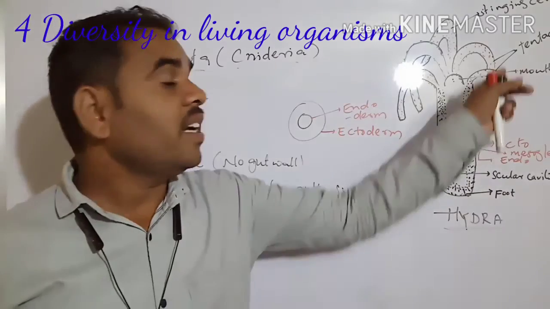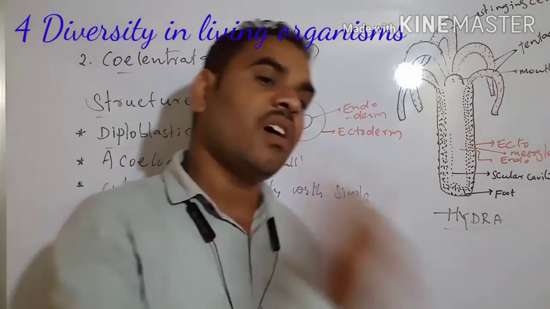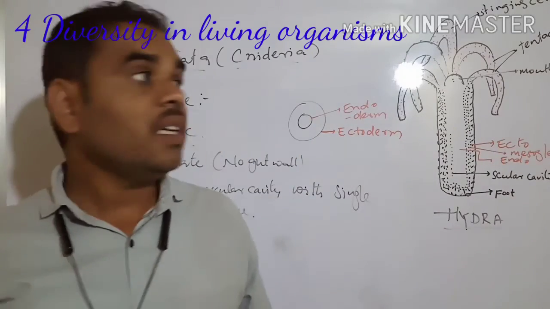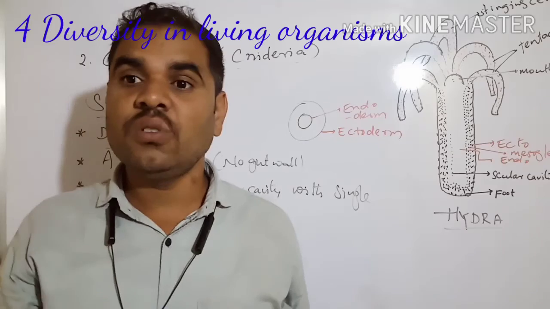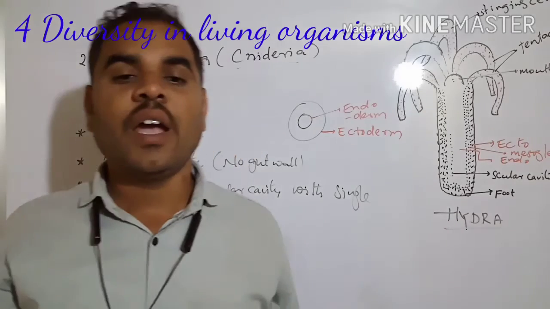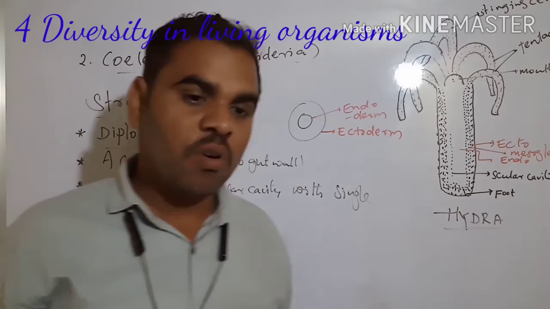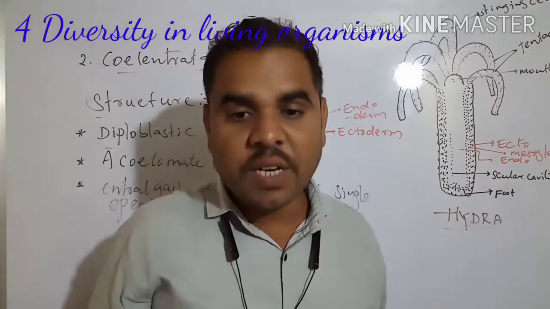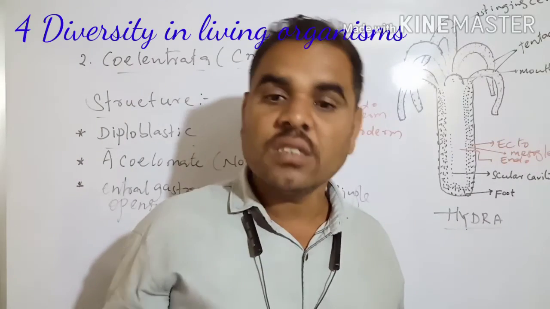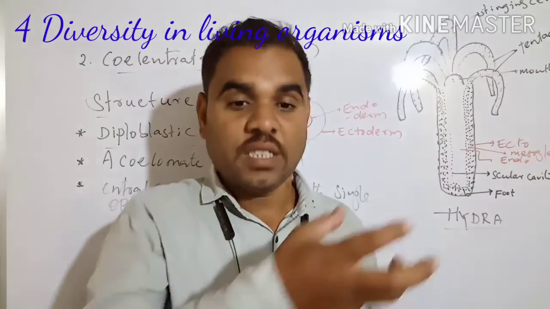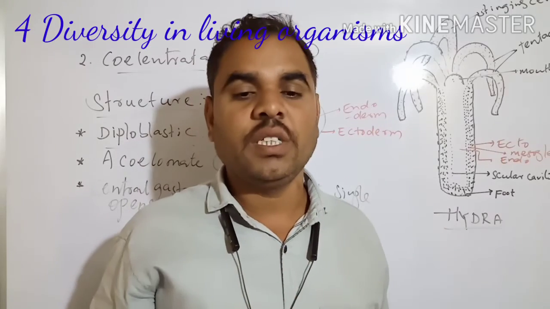The tentacles beat on the prey and inject into its body, and poisonous liquid is secreted into its body. The prey will die, and then the organism takes the food substances.